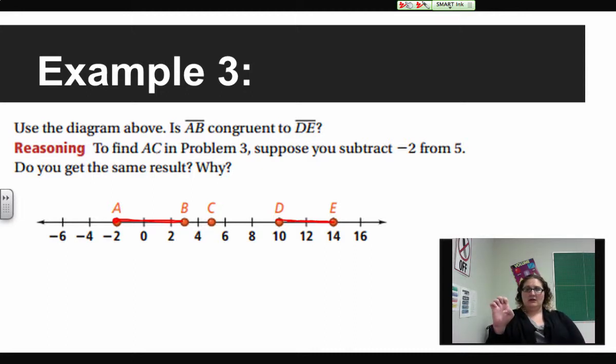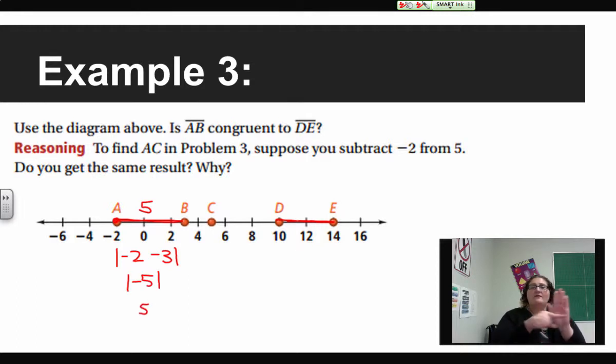Well, AB is 5 units long, because I can count that, or you could take -2 minus 3, the absolute value of -2 minus 3, and I get the absolute value of -5, which is 5. Here for DE, I'm counting by 2s, so you could say the absolute value of 10 minus 14, which is the absolute value of -4, which is 4.